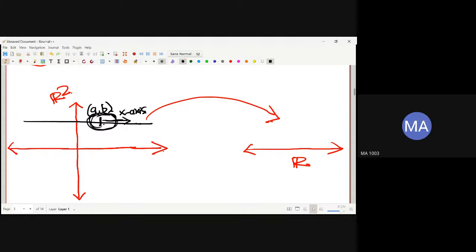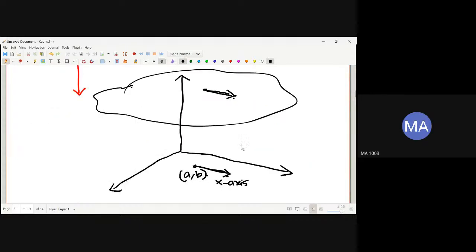When I'm talking about this point (a, b), and I'm talking about the change with respect to x, then I'm checking the behavior of the function along the x-axis.